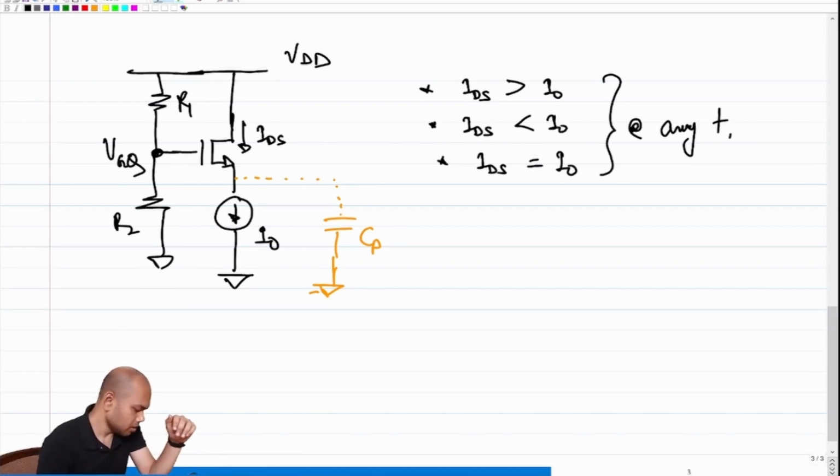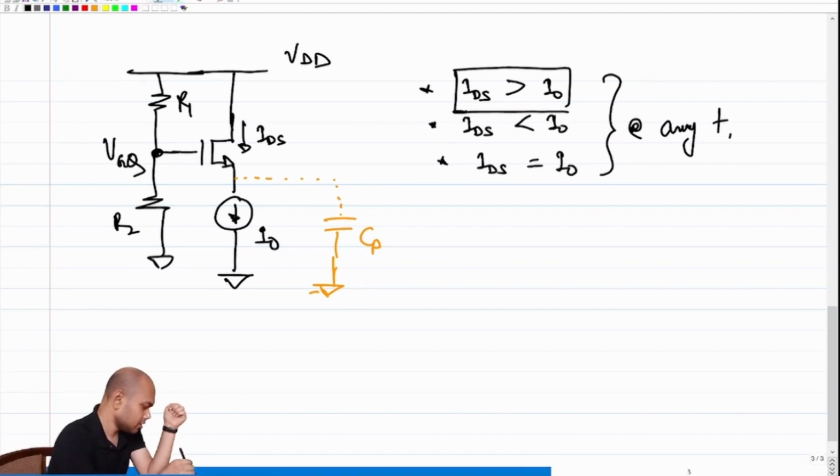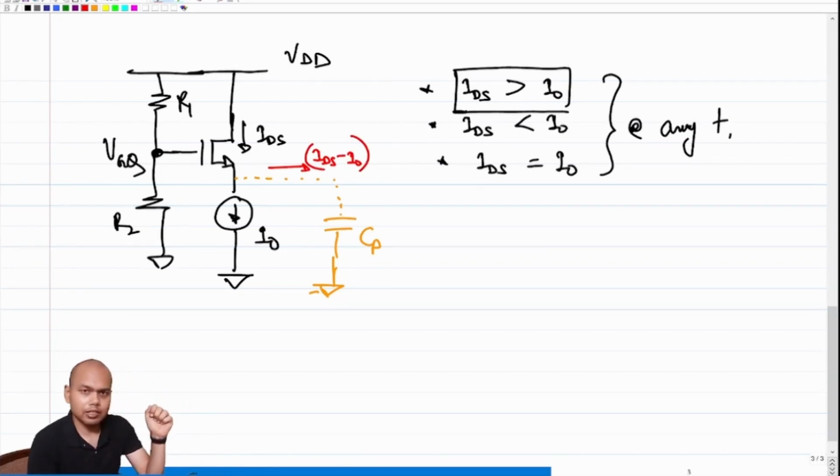Let's say I have turned on the circuit. What is it that we will observe? Let's consider the first case. If IDS is greater than I naught, clearly some current, IDS minus I naught, will flow into this capacitor.